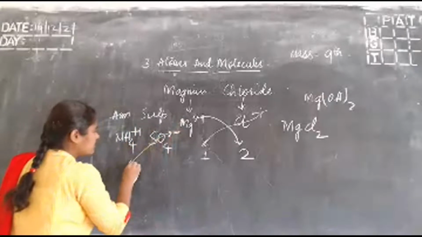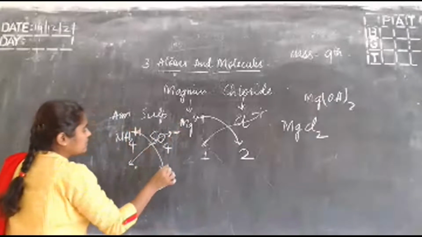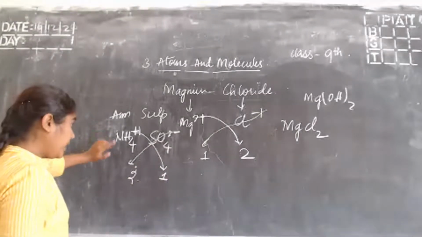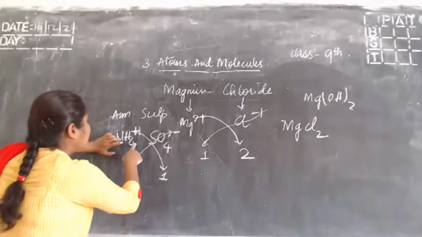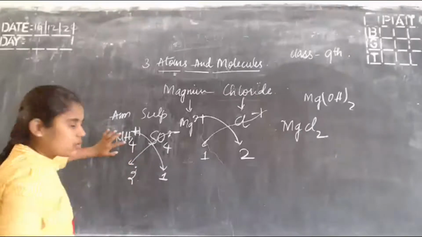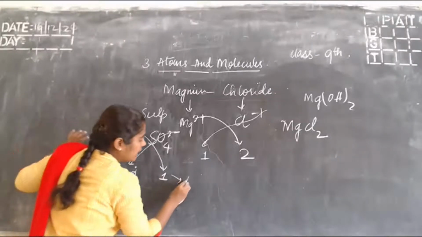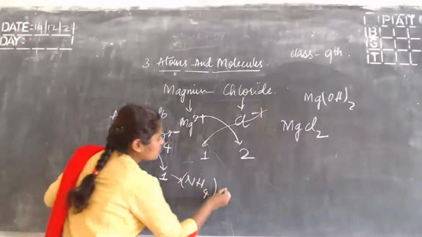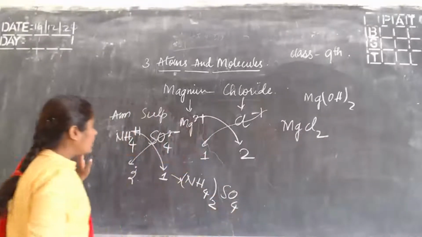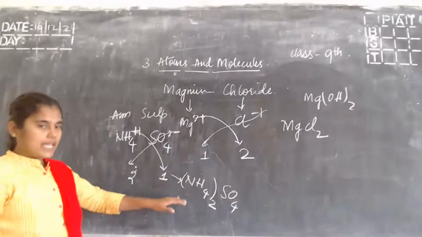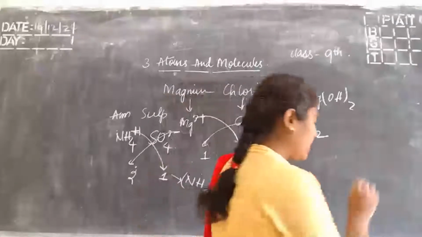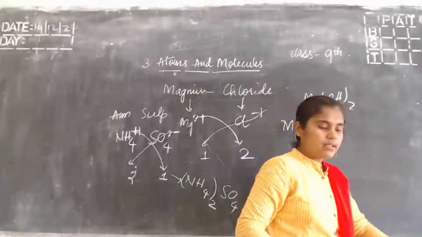So just bring this here and here. Here it is 1 and here it is 2. This 2 is for the whole group. So you need to write it as (NH4)2SO4. This is how we write ammonium sulfate. So this was about ammonium sulfate.